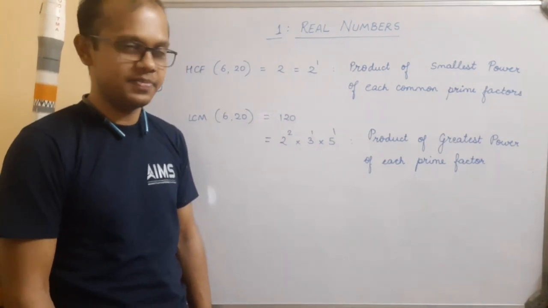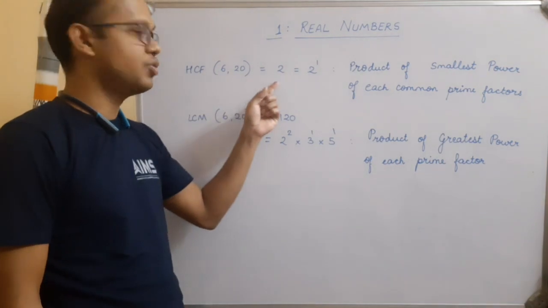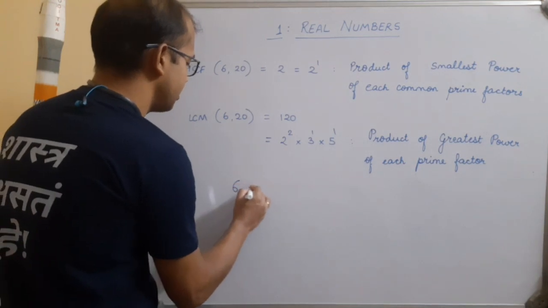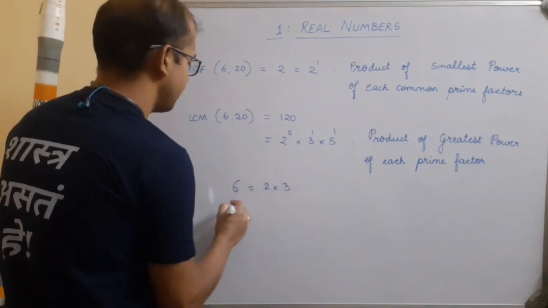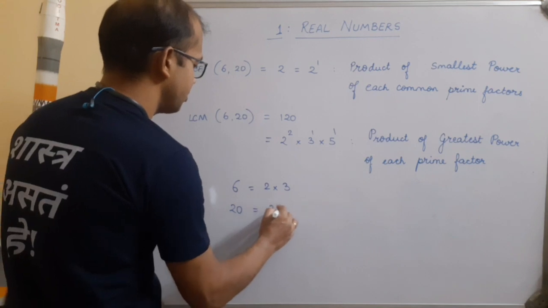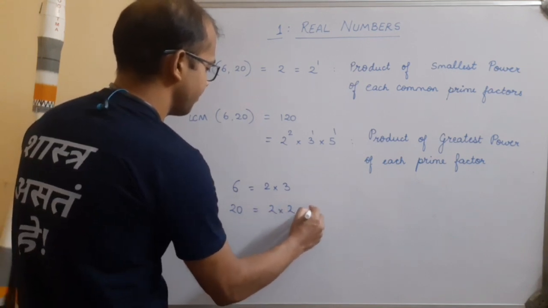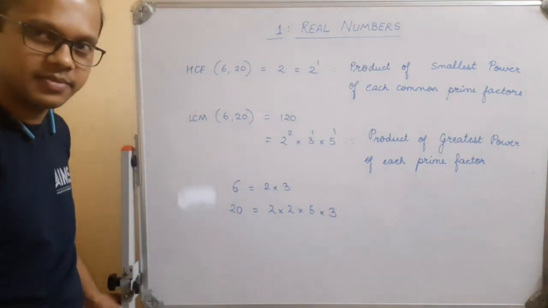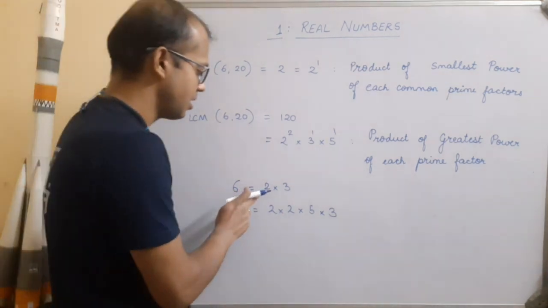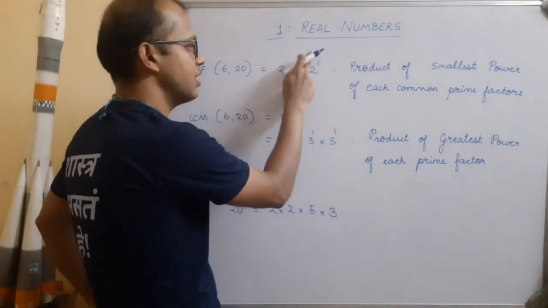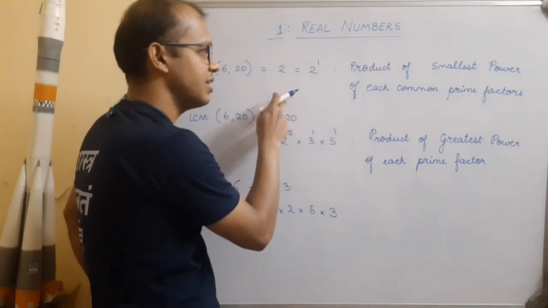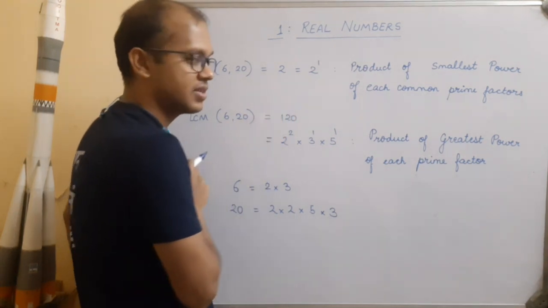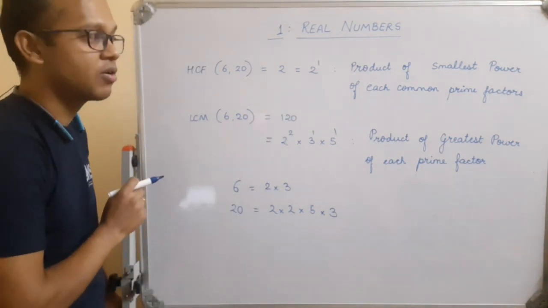If you observe further, the HCF of 6 and 20 is 2. We can write 2 as 2 raised to 1. If you remember, the factors of 6 were 2 times 3 and the factors of 20 were 2 times 2 times 5. Now, the HCF is 2 raised to 1, and we can say that it is the product of the smallest power of each common prime factor. So first of all, let us find all the common prime factors.